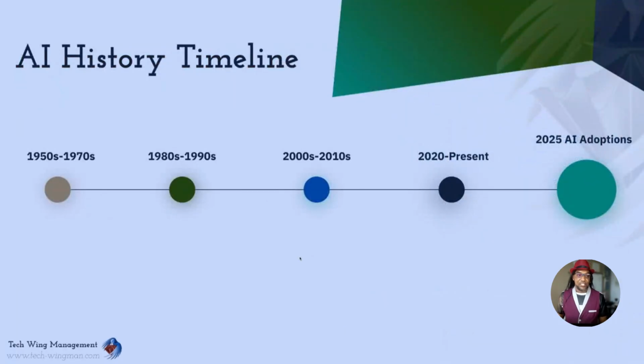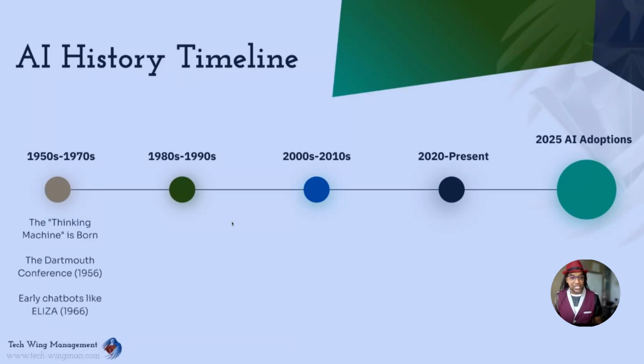AI history. Let's start at the beginning here. How does this whole AI thing come about? In the 1950s to the 1970s, the thinking machine is born. Events like the Dartmouth Conference in 1956 is where the term artificial intelligence was coined, and the new chatbot Eliza was introduced.